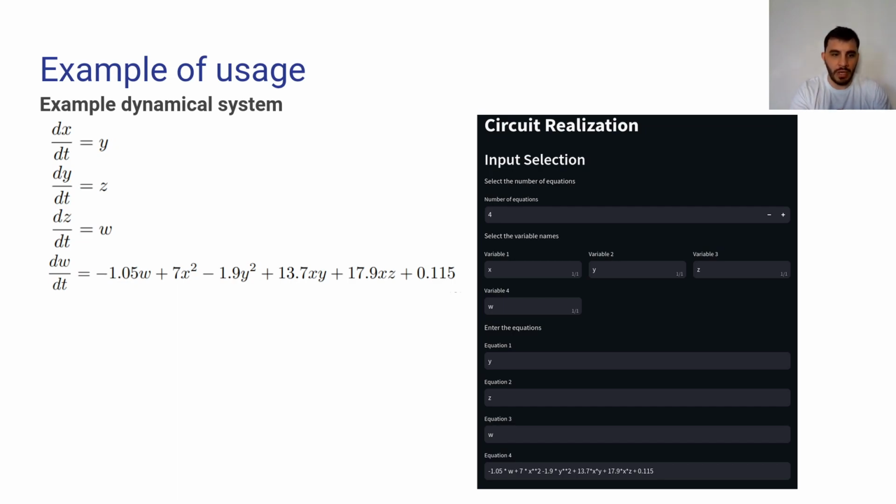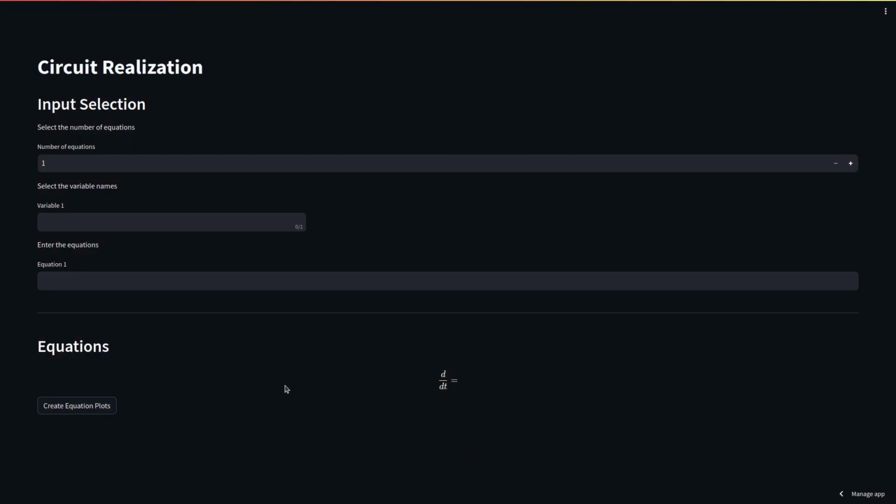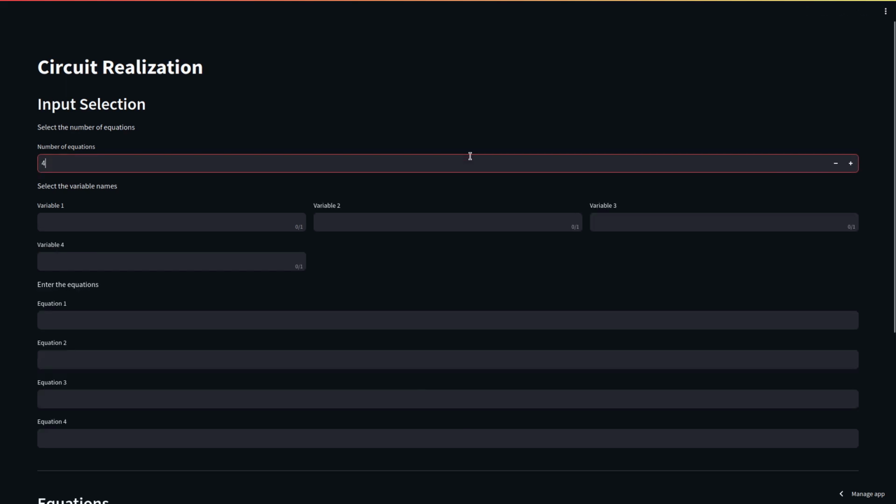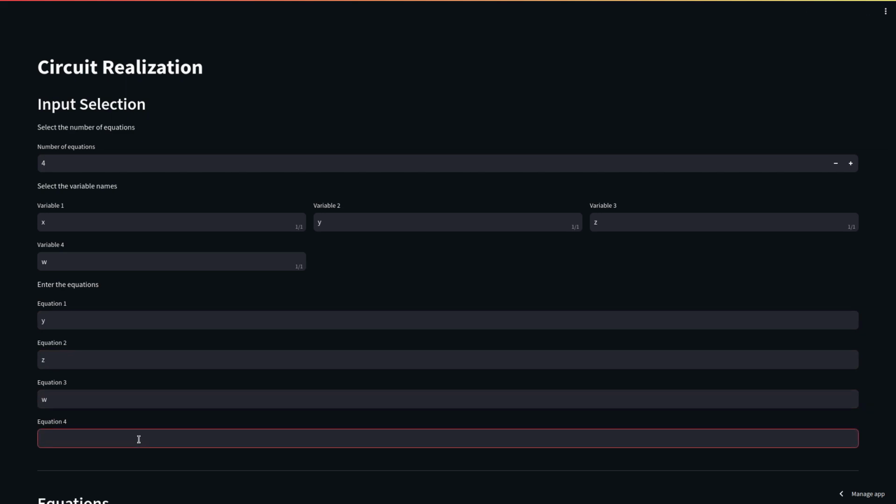But what better way to actually investigate this than running the example in real time. So we input the number of equations, which is 4, and you can see that automatically the 4 fields appear, and we give the variable names, which will be x, y, z and w. And for the first equation we had that it is equal to x*z*w, and for the last equation, that was the larger one, it was minus 1.05*w + 7*x**2.